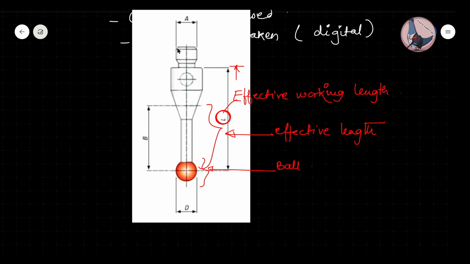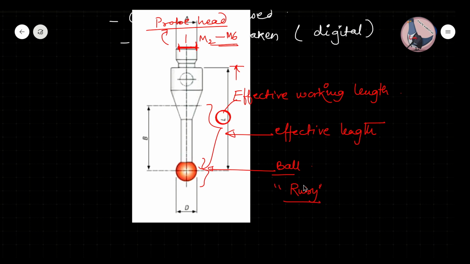Now you can understand, over here there will be one screw so that this entire thing can be attached to your probe head. In this probe head, this is your screw type. It varies from M2 to M6, not very important to know. Then this ball is made up of ruby.